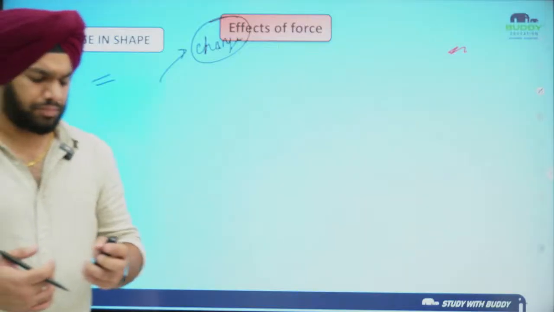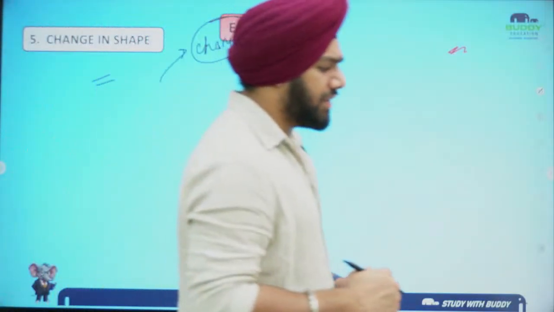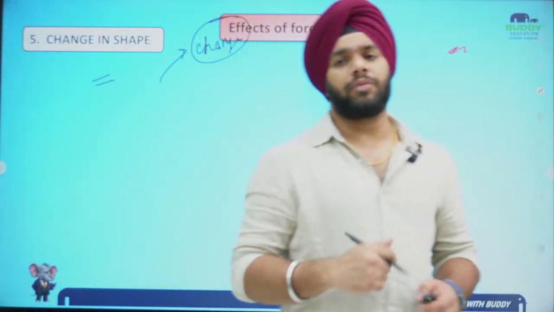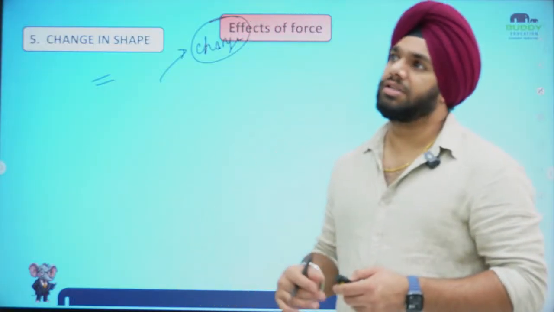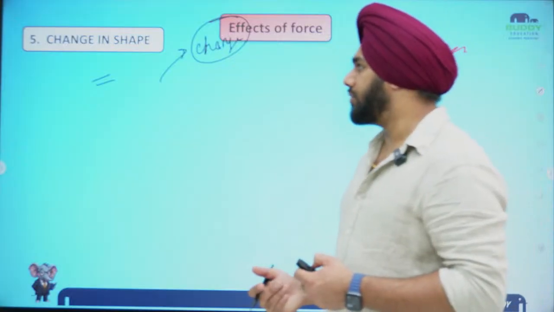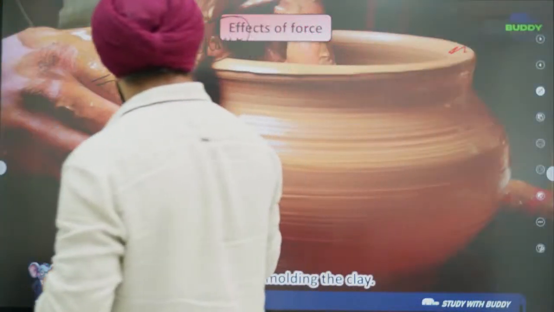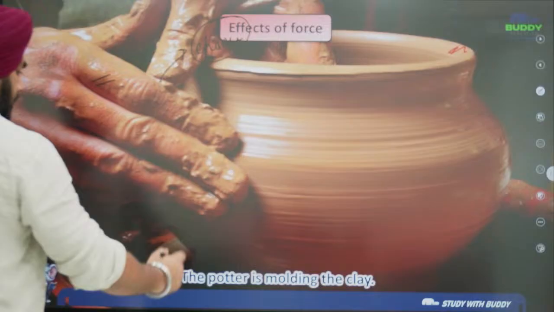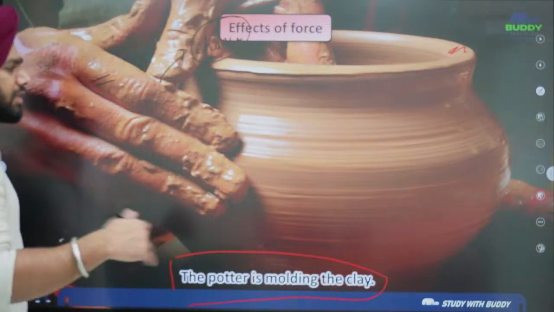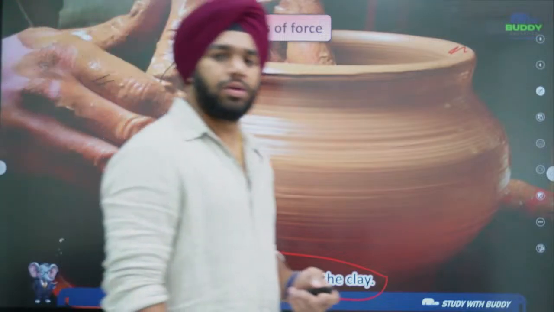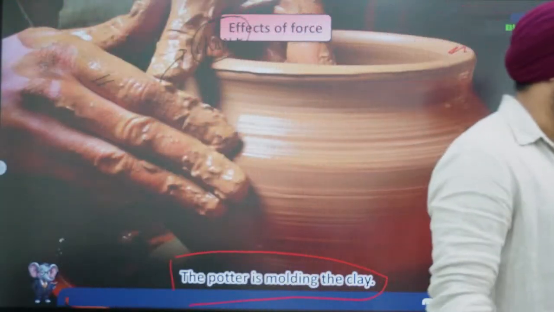In class 11, we will call it deforming force, because it is changing the shape. Like you can also see, the potter is molding the clay into its desirable shape. He is changing the shape, right?